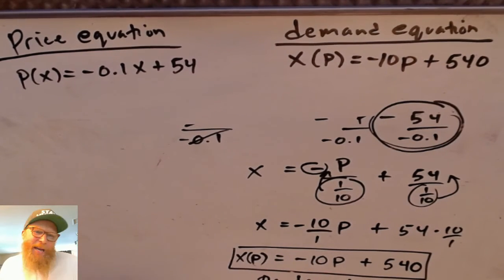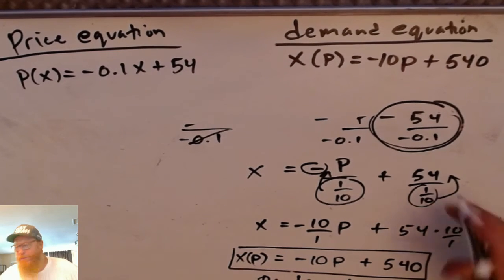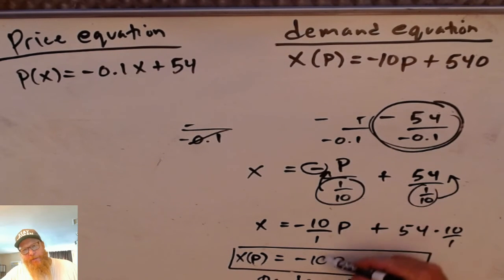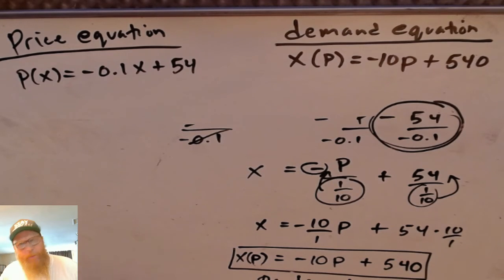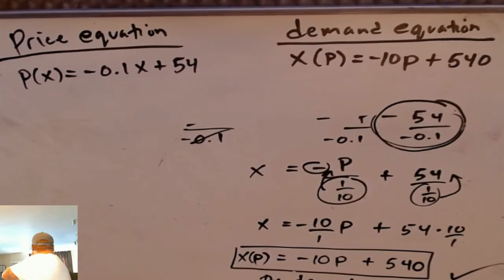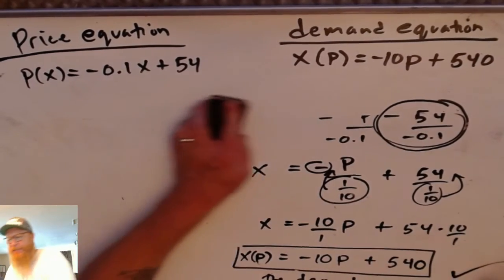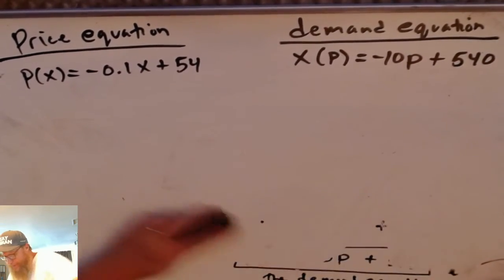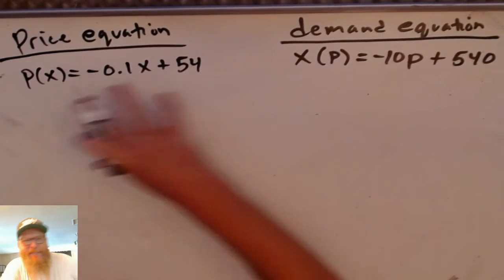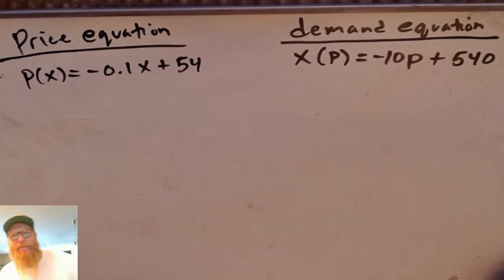As soon as I say, hey, what's the price, that would have definitely pointed out that it was wrong, but I almost blew it. I was too busy worried about the negative 10 over 1 thing, and I completely forgot about the 54, but we got it. All right, so this is price demand. They're essentially the same coin. It's like heads and tails, right? Really is what this kind of means.